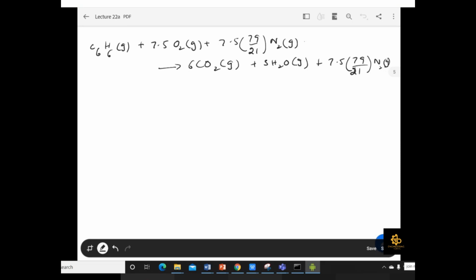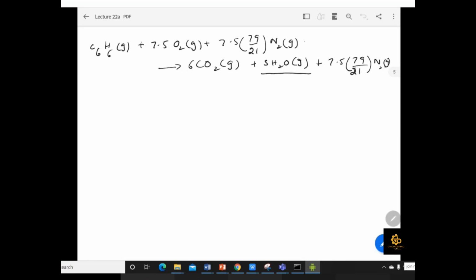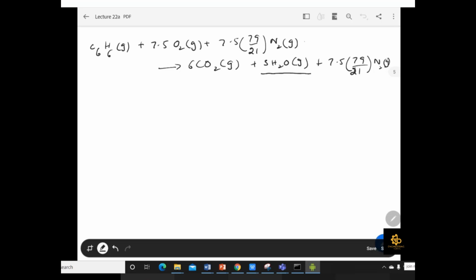If you remember from the previous lecture, we already said that if H2O in the product side is in the gaseous form, then the enthalpy of combustion is called the lower heating value. If it is in the liquid form, it is called the higher heating value. This comes from the previous lecture. So here it is clearly mentioned that H2O in the product is in the gaseous form.